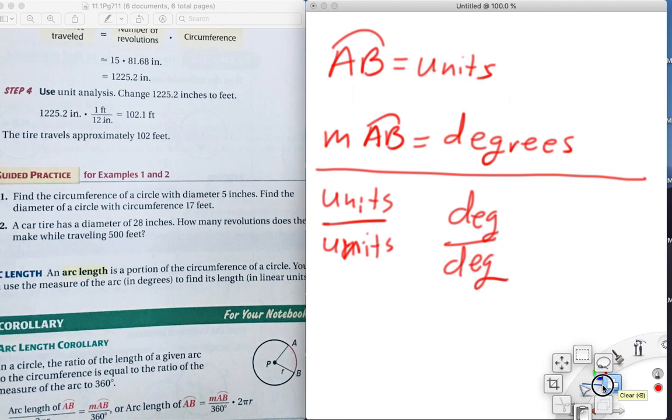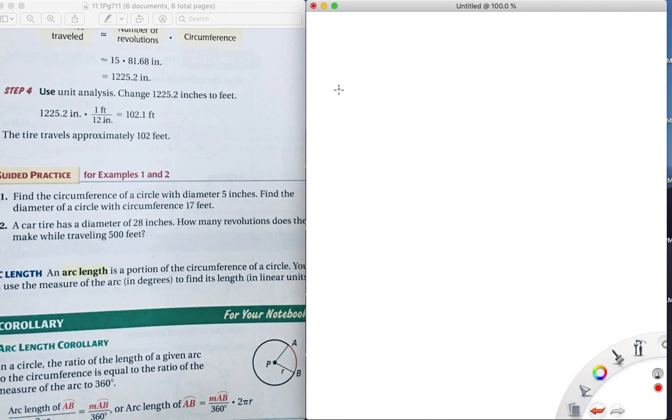What does that mean? Since we have two fractions dealing with arc length over some type of total circumference or some type of total circle, we can make those ratios or fractions equal to each other and form a proportion.